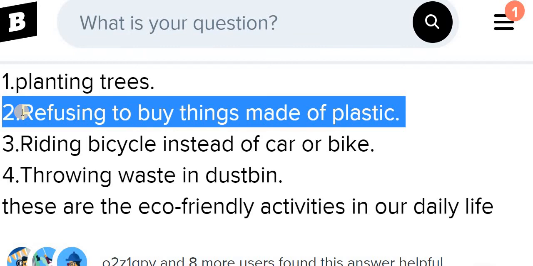Try to use a cloth bag instead of a plastic bag. Try to reuse things which are non-biodegradable. Switch off the light and the fan if not needed.